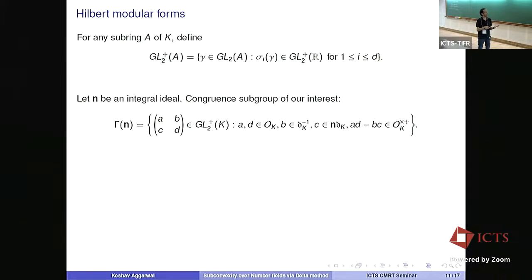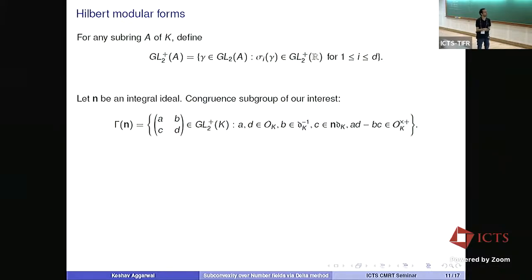And you can define a congruence subgroup as well. The congruence subgroup is going to be something that has certain entries where you want to make sure that the embeddings are totally positive. Also, you want to make sure that this lower left entry is somehow divisible by your integral ideal.